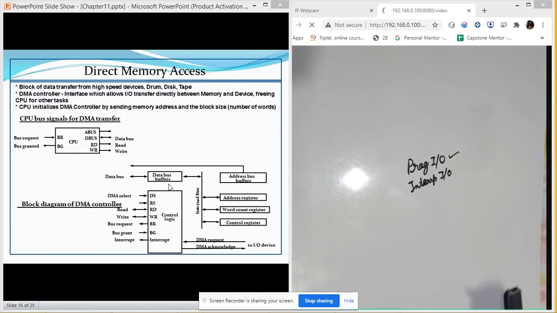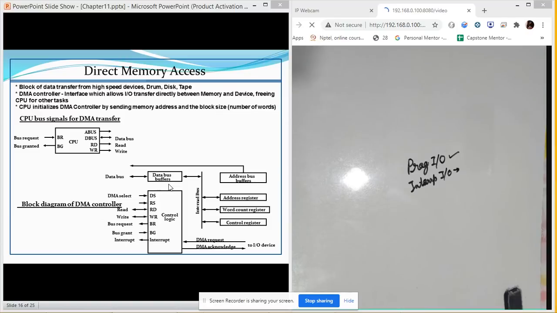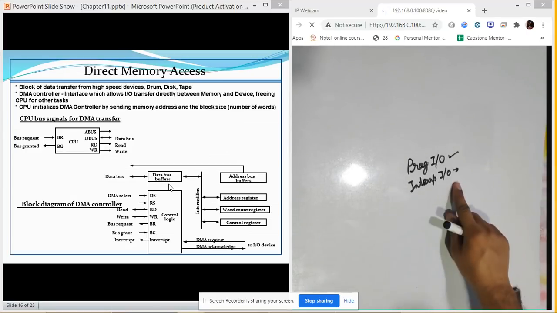In the first case, the CPU was busy checking the flag bits again and again. In the second one, the CPU was always busy getting the interrupt value, then leaving its task and returning back to the input output operation to perform that. So eventually, the CPU was the one performing the task.